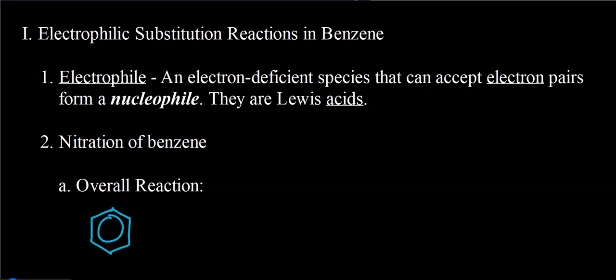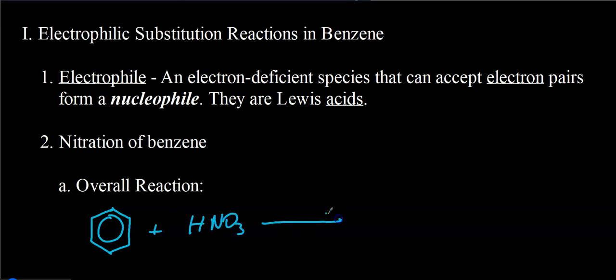So we'll start with the line structure for benzene. Remember, the chemical formula for benzene is C6H6. So every carbon in the ring has 3 bonds already and is bonded to just 1 hydrogen. So anytime we have a substitution reaction involving benzene, we are substituting something for a hydrogen. In this case, the reaction involves a couple of acids.